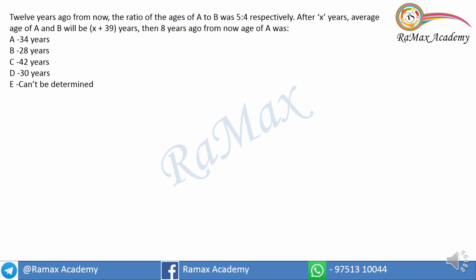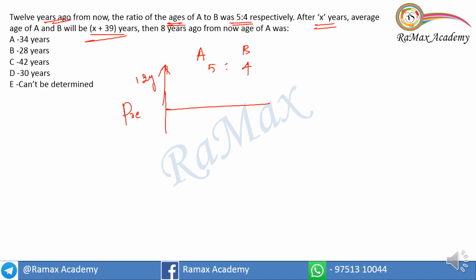Next problem is under ages. What is the data given? 12 years ago, the ratio of A and B is 5:4. Consider this as a present timeline. So 12 years before, the ratio of A to B is 5:4. What is the next hint? After X years, the average will be X plus 39 years.